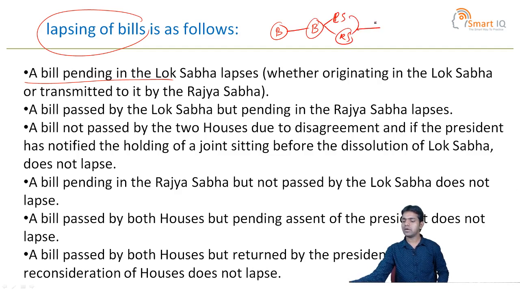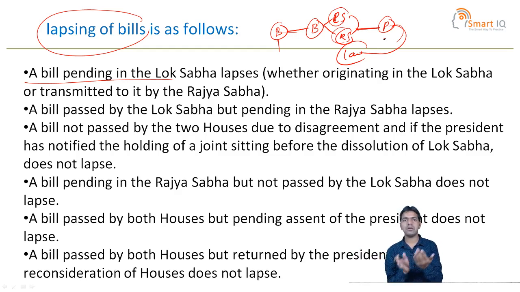After that it is sent to the President of India for consent. Only when the president consents does the bill become a law. Up to that time the bill is not a law. This is the process of making a bill.